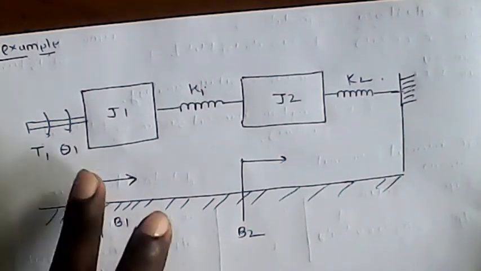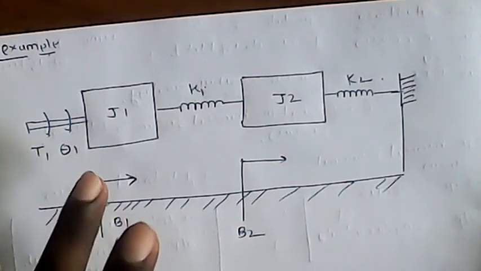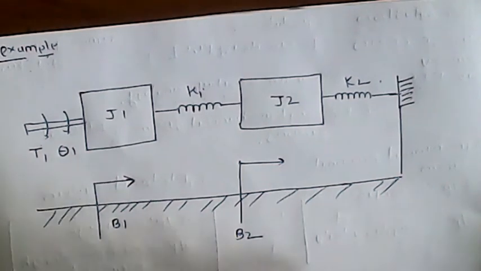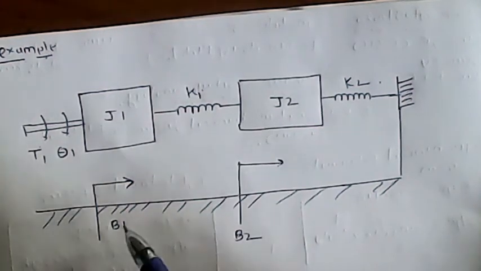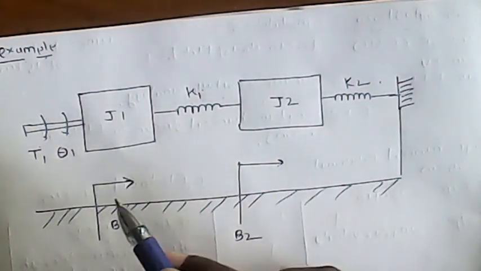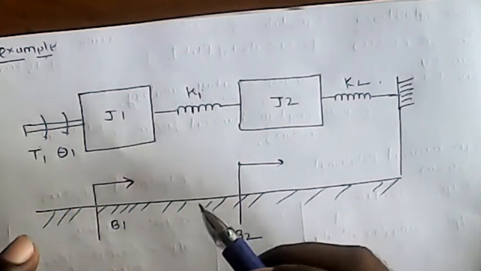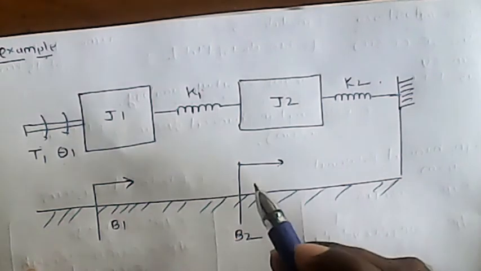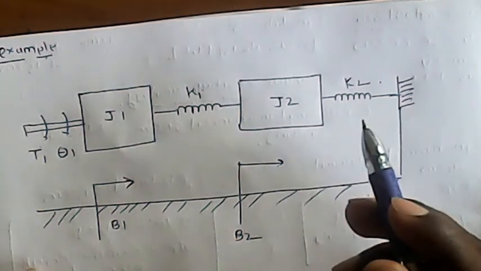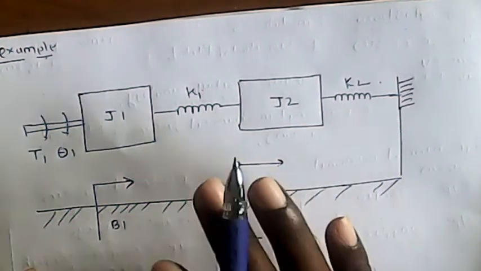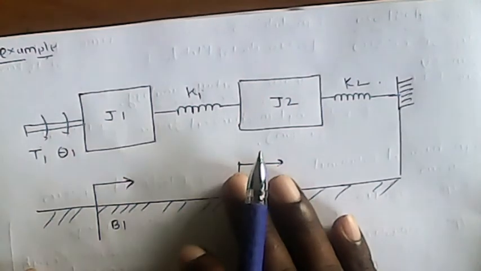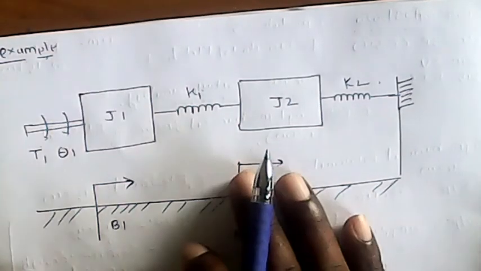There is also some friction, denoted by B1 and B2, between the masses and the surface. So how do we convert this rotational mechanical system into an electrical system? By using these rules.